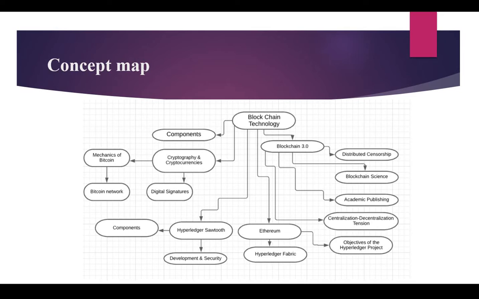Then blockchain 3.0, where distributed censorship, blockchain science and academic publishing, and the centralization and decentralization tension will be covered. After that Ethereum, where Hyperledger Fabric and the objective of the Hyperledger project will be discussed, and finally Hyperledger Sawtooth, its development, security and components.